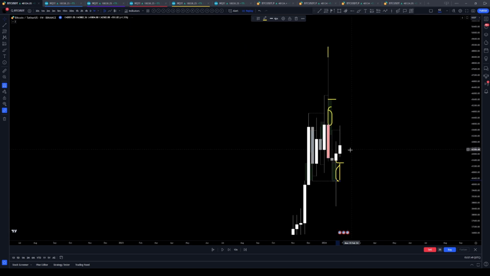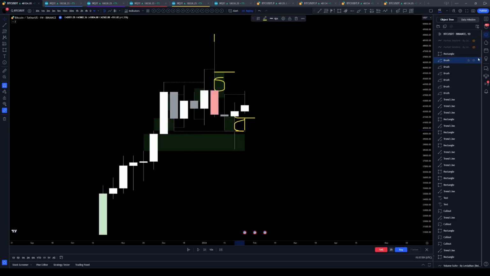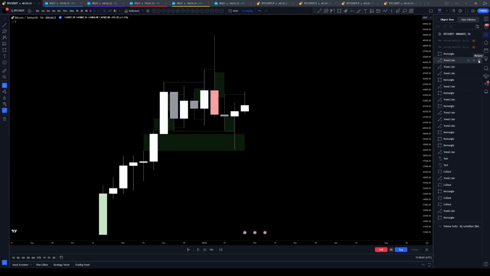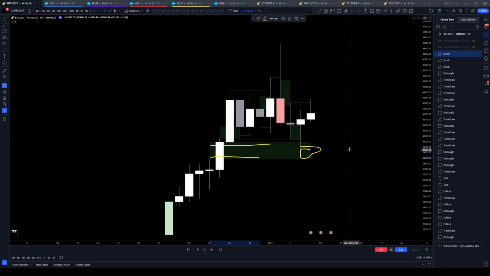So if I jump onto the weekly, you'll see that this is a weekly gap right here. That has been taken out. So if I just quickly remove that, just so it's nice and clear, you'll see that the internal liquidity has been taken on this weekly chart, cleaned up some inefficiencies. So the natural draw on liquidity now is higher.